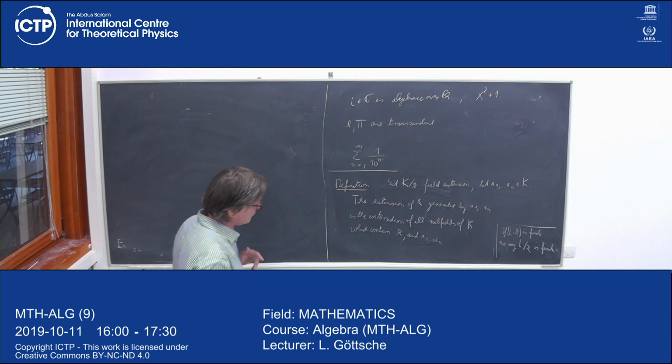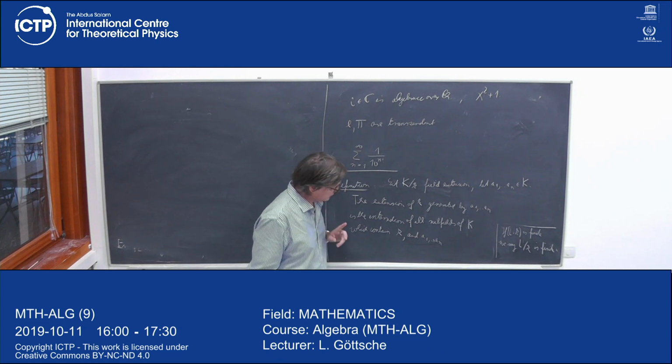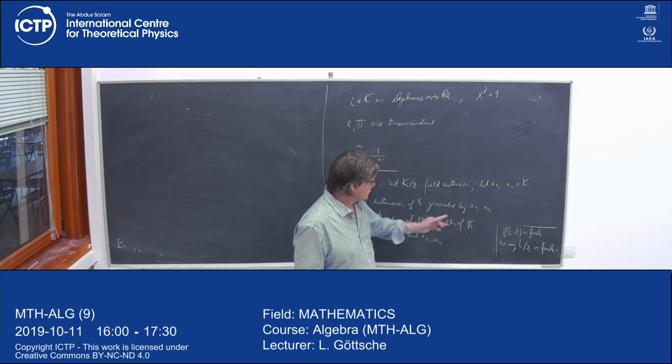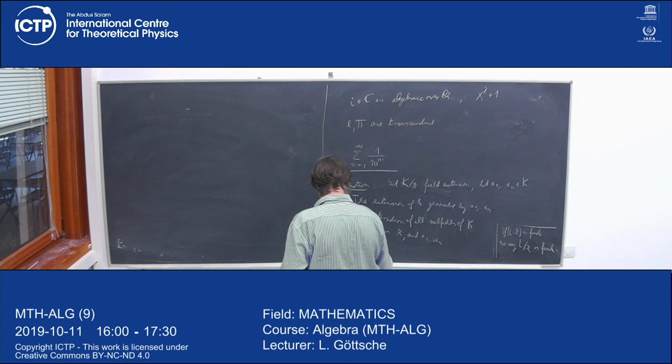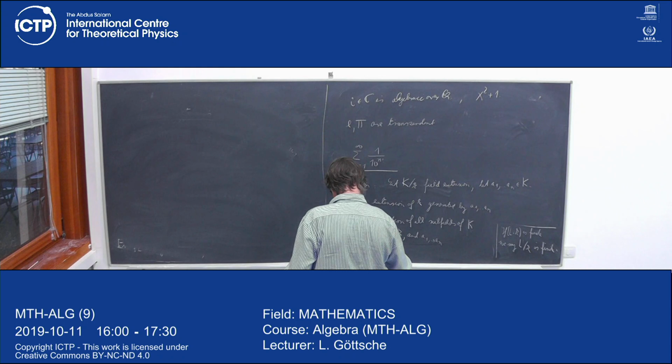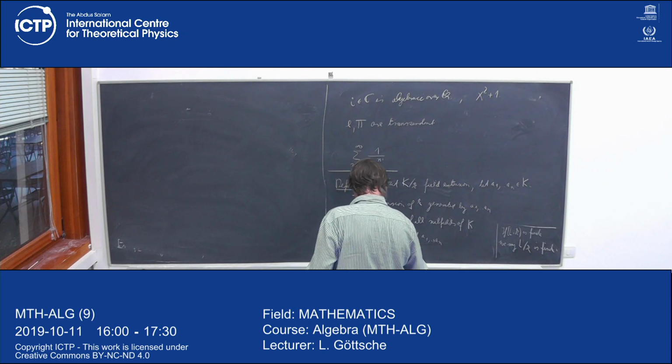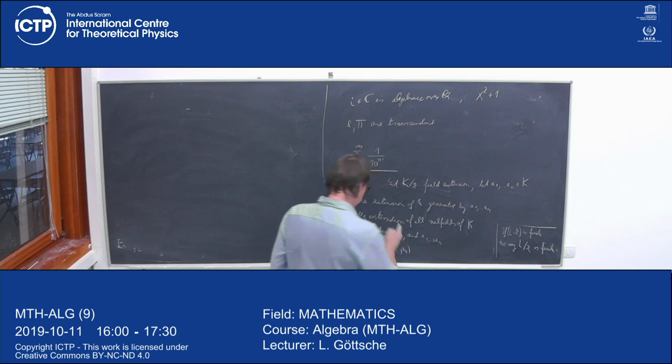The main case that we want to study is the case when we just have one element. It is denoted k(A1, ..., An), with round brackets.